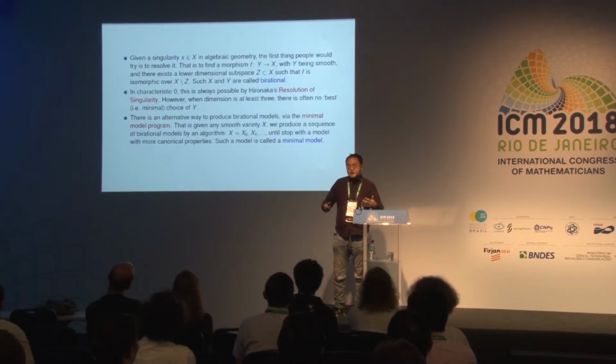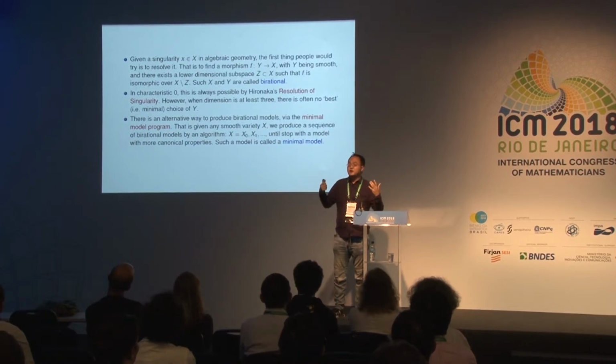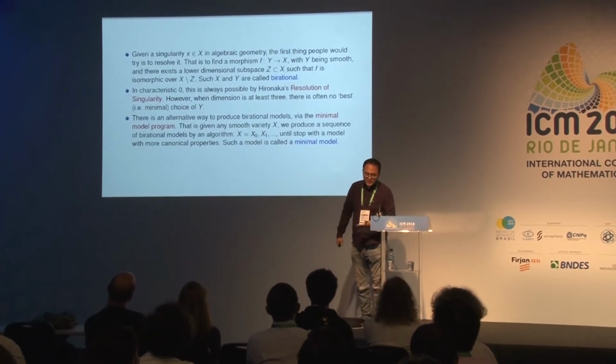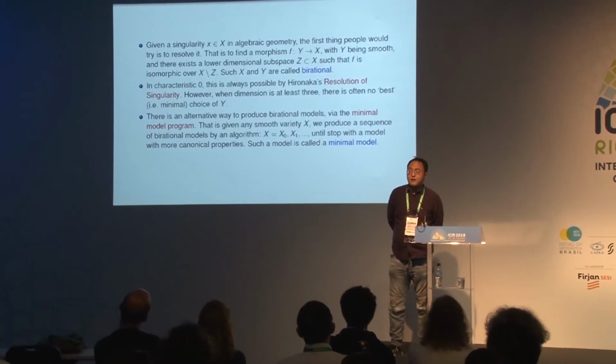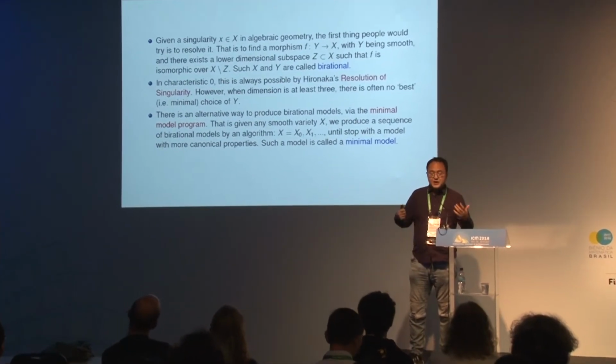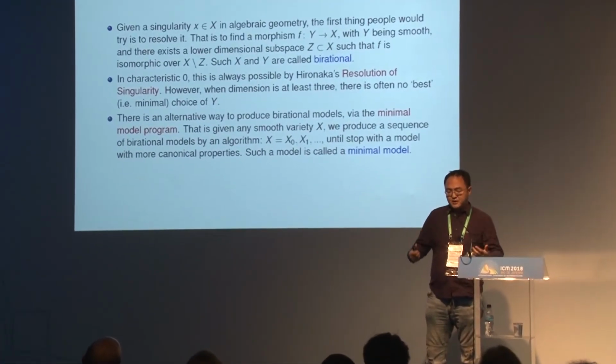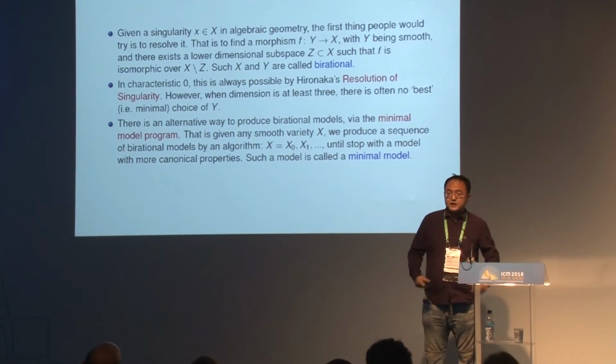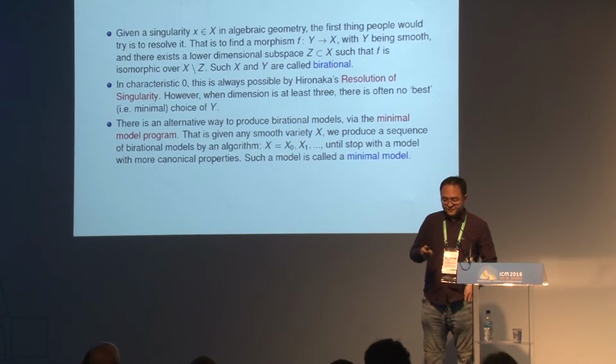So basically X and Y are birational if and only if they have the same set of meromorphic functions or regular functions. In other words, to study X and Y up to birational morphism is the same as to study the meromorphic functions, and they form a field.